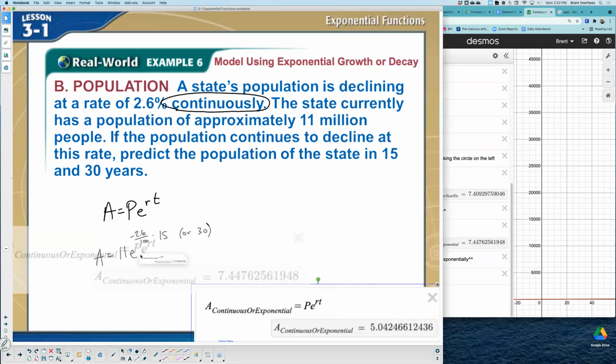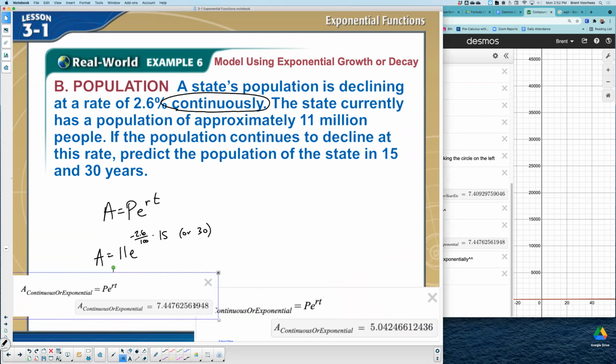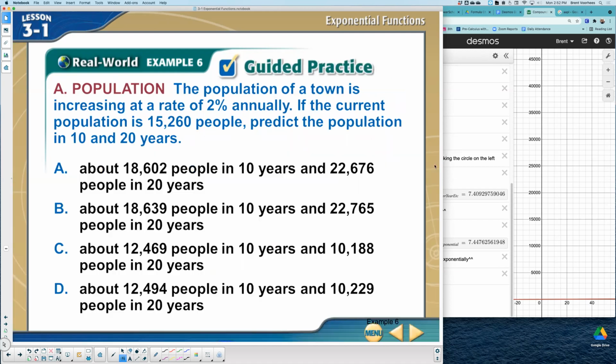There it is after 15 years. This is after 30. All right, your DOLs.